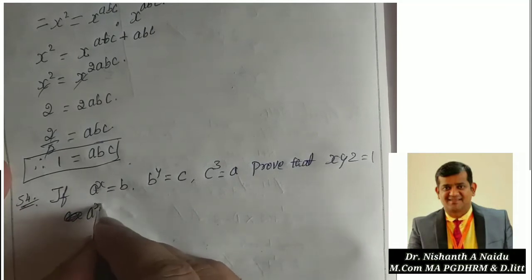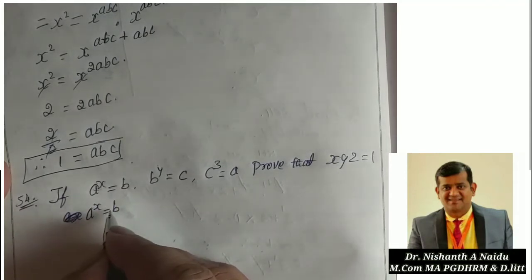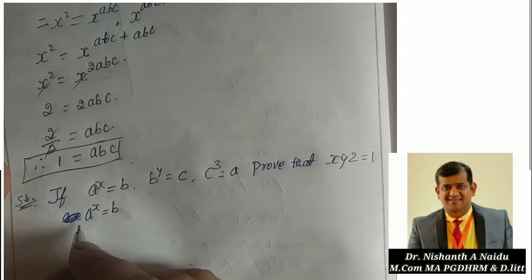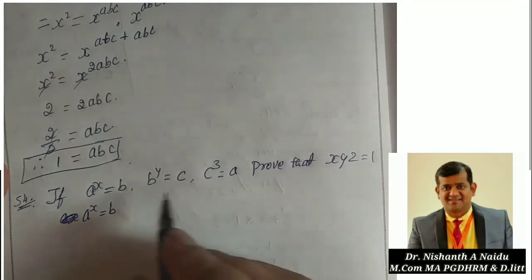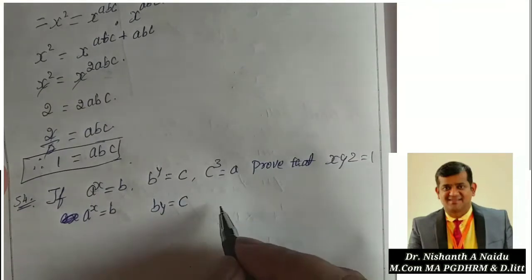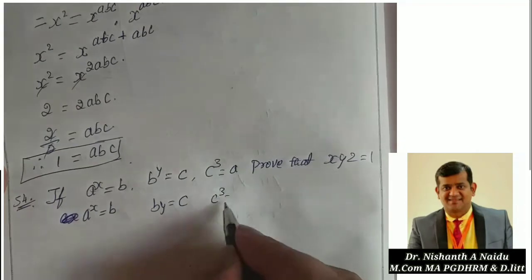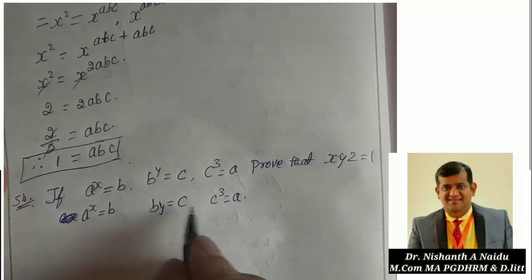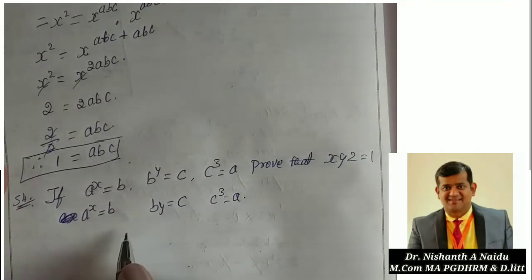A to the power of x equals b. The same way, b to the power of y equals c. C to the power of z equals a. Whatever he has given, I have just copied that.